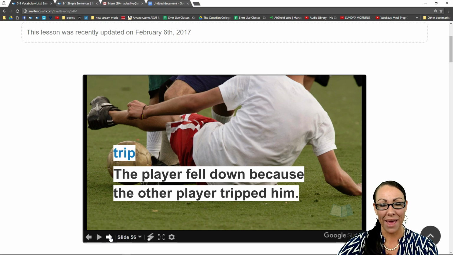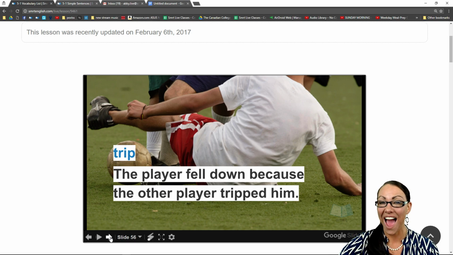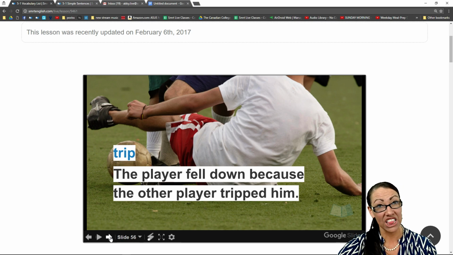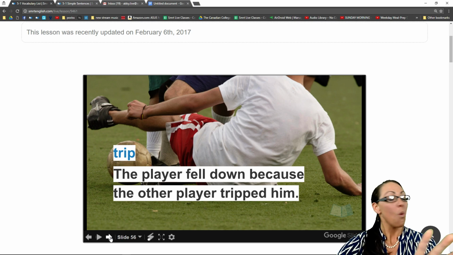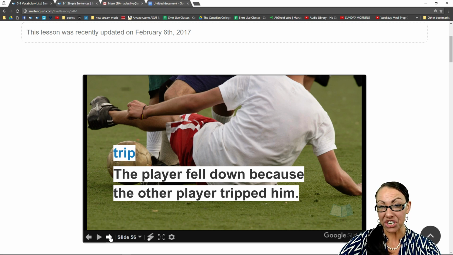It's different than trip as in going someplace. So as I said at the beginning of our lesson, I am hoping to take a trip to Spain later this year. For our purposes and our vocabulary, we're talking about trip as in we can see with this picture, the player fell down because the other player tripped him.